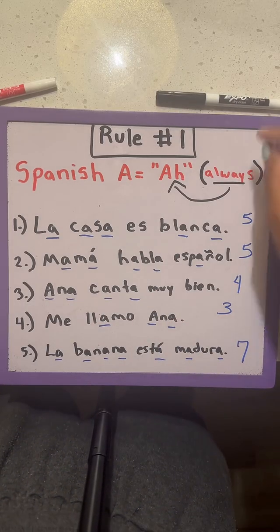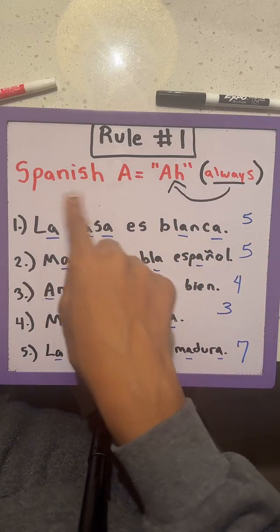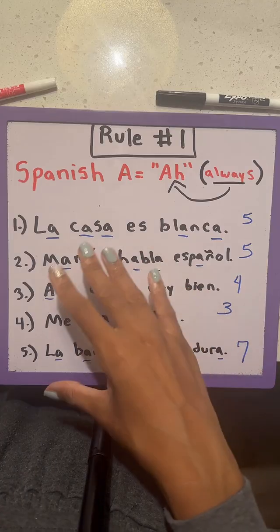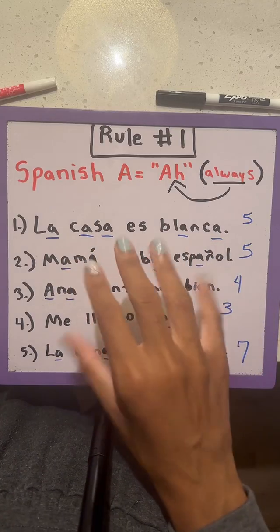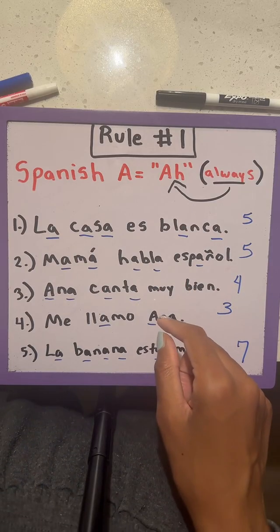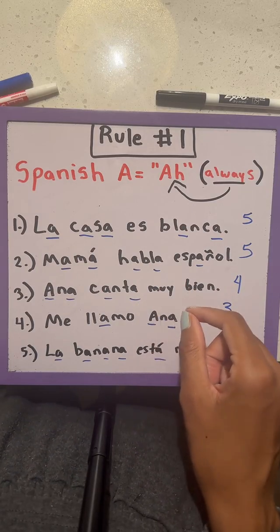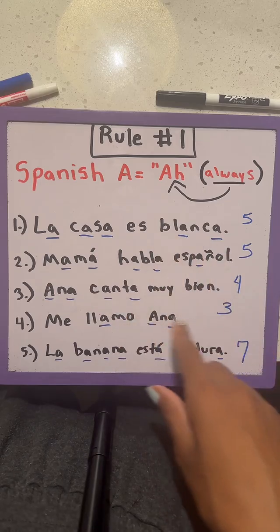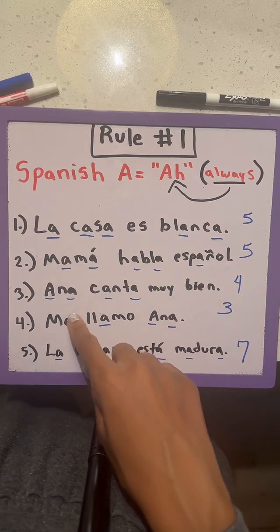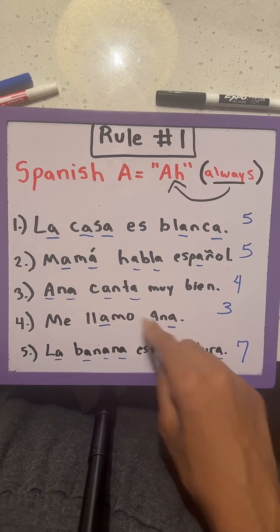Now, I have a challenge for you all. Since you all understand that the Spanish "a" always says "ah," I gave you 5 different sentences. I want you all to give me a sentence. Go ahead and put a sentence in the chat that uses "a," but do not take any of the ones that are up here. I want to see what you all can do. You can put even a short sentence like I did in number 4, that just says, me llamo Ana.